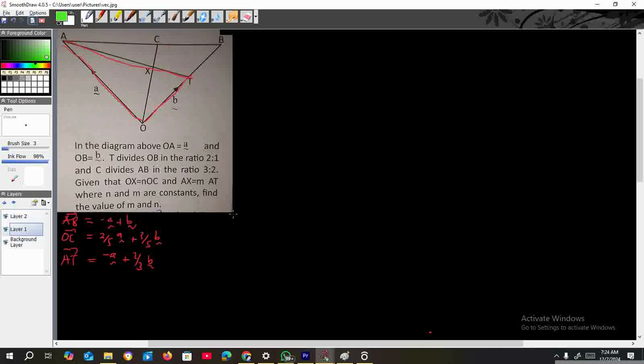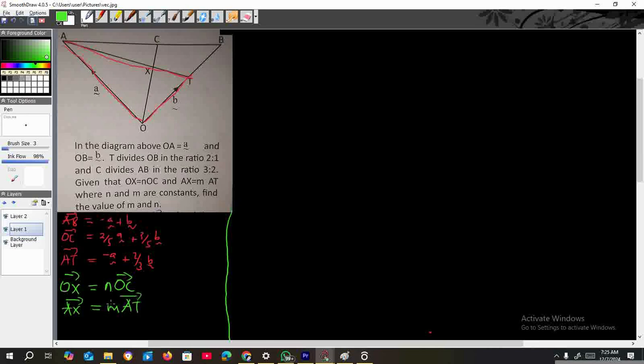We get the vectors OX and AX. We are told that OX is given as N OC, and AX is given as M AT.